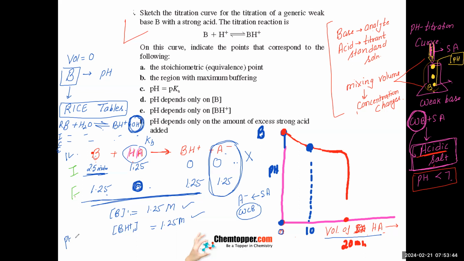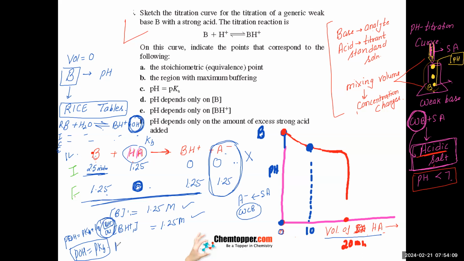It's a basic buffer. So I can say pOH is equal to pKb plus log of the concentration of BH plus over the concentration of B. Henderson equation. But this is equal. So can I say pOH equals pKb? I can say this, right?